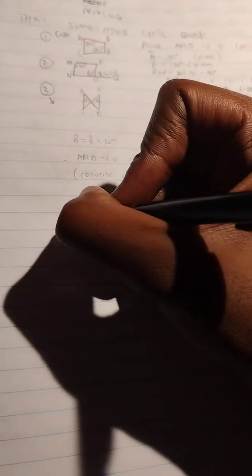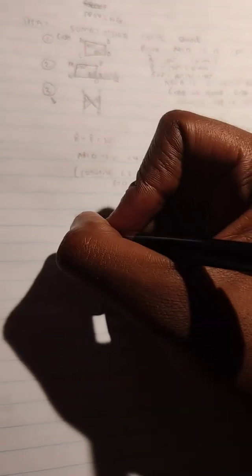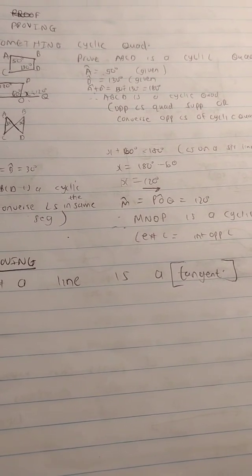Okay. I think we've done prove also. Remember, besides proving that something is a cyclic quad, you may also be asked to prove that a particular line is a tangent. So how do you prove that a line is a tangent? I need to make us aware of this too.